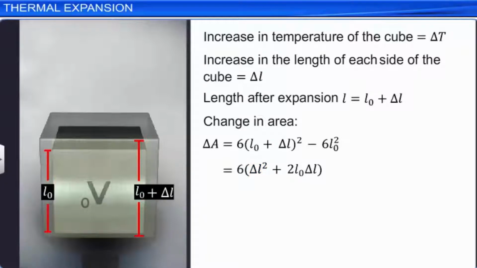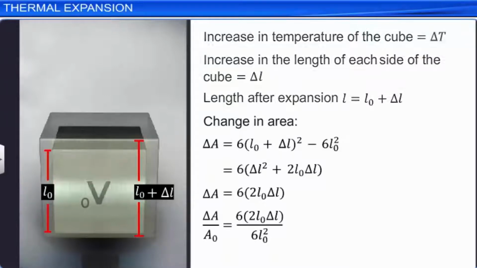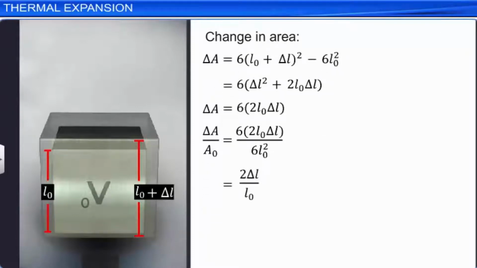Then we get delta A equals 6 into 2 L naught delta L. Now, by dividing delta A by A naught, we get 6 into 2 L naught delta L by 6 L naught square. On further simplification, we get alpha A equals 2 alpha L. Let this be equation 1.